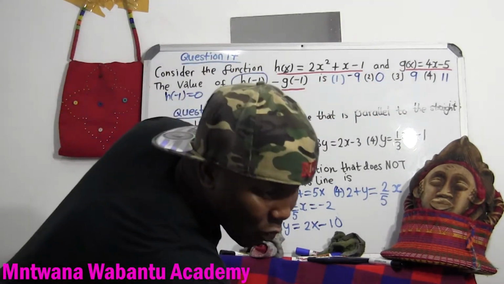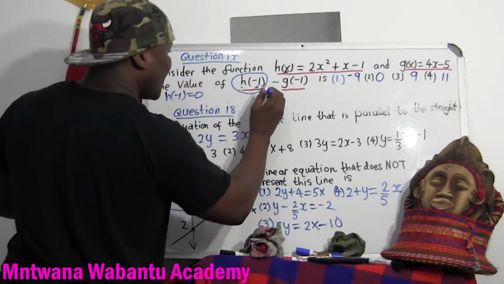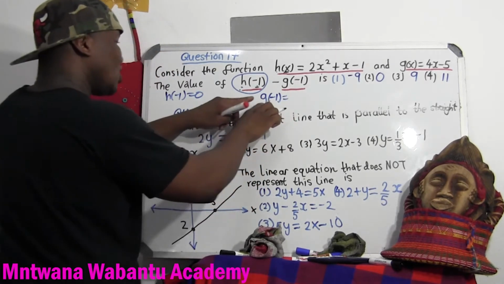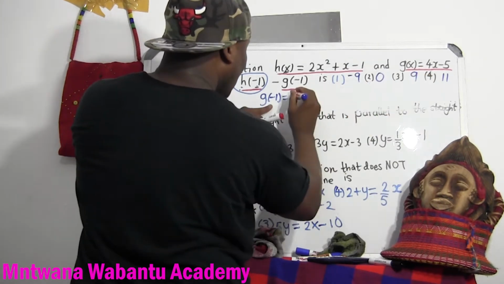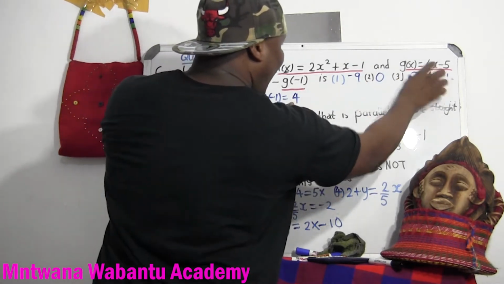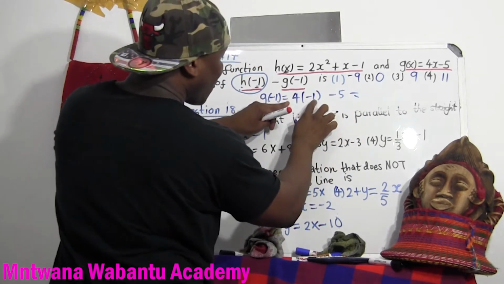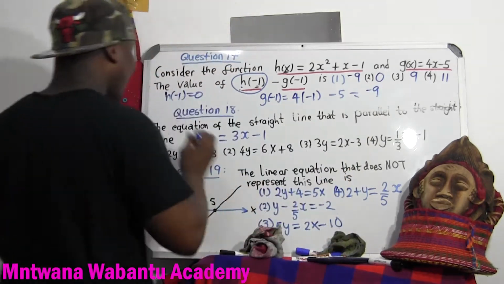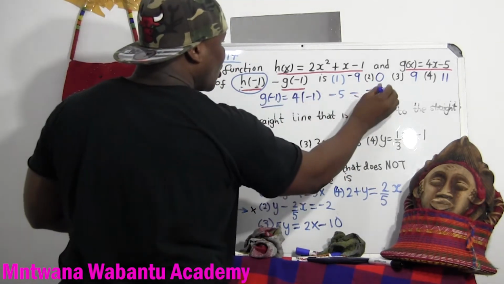In the position of x, there's a -1. So it's going to be 4 times -1, and then we minus 5. 4 times -1 is -4, minus 5 is -9. So we have h of -1 equals 0 and g of -1 equals -9.